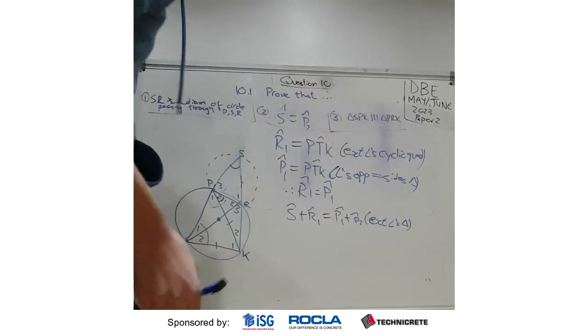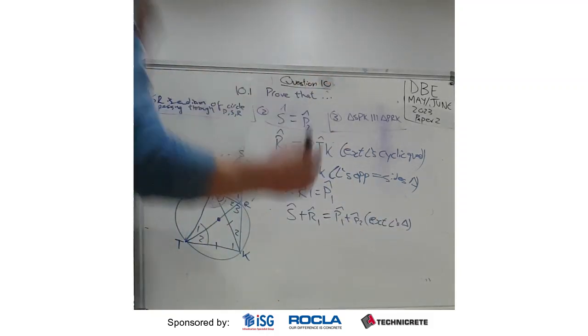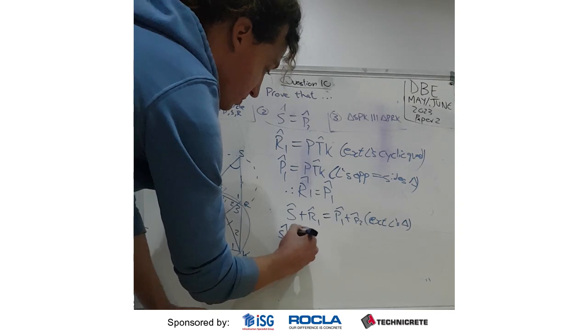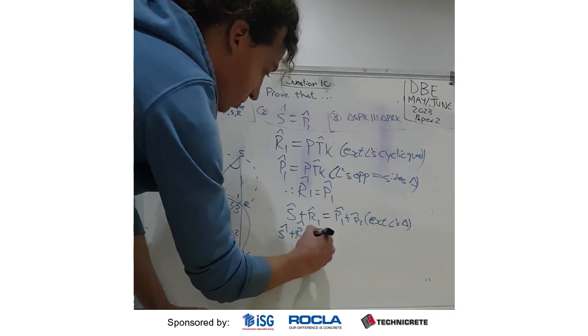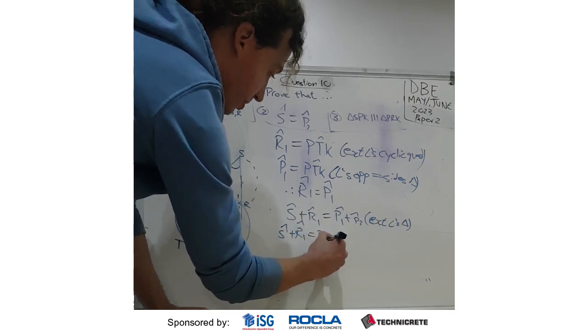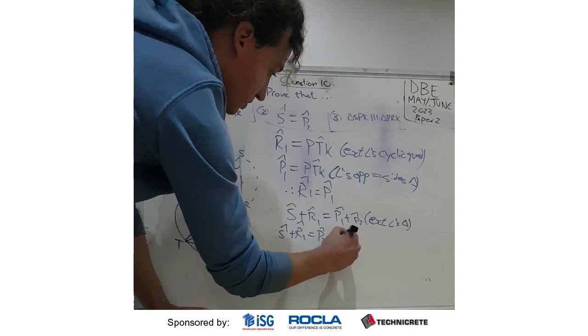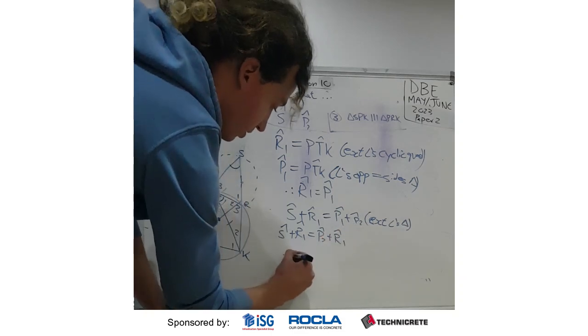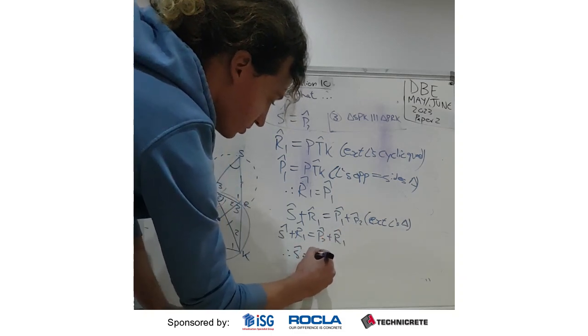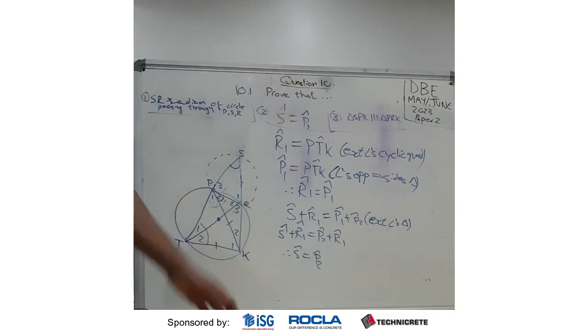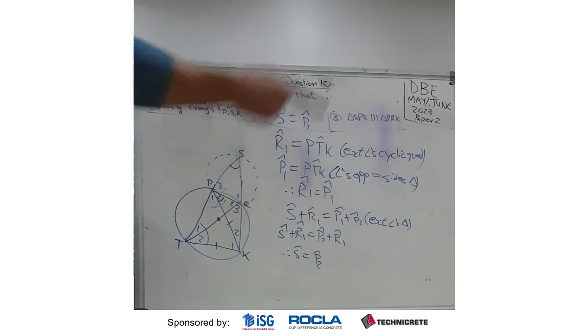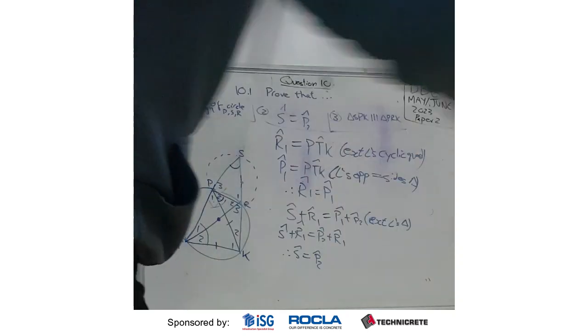Which means that angle S plus angle R1 is equal to angle P2 plus angle R1. Therefore, angle S is equal to angle P2. Just proven. So that's 10.1.2. Let me erase quickly and we'll do the final part of this proving process.